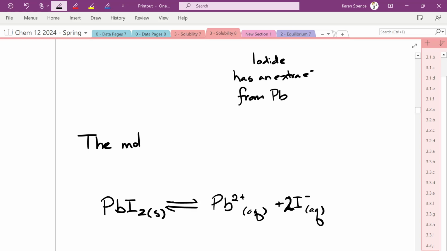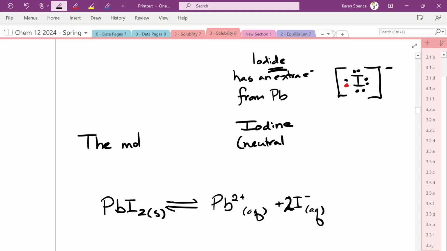Yes. So we have iodide, and it has 7 valence electrons, 1, 2, 3, 4, 5, 6, 7, and it gained an extra electron from the lead, and so it has a full shell. Whereas that is iodide, iodine is neutral.